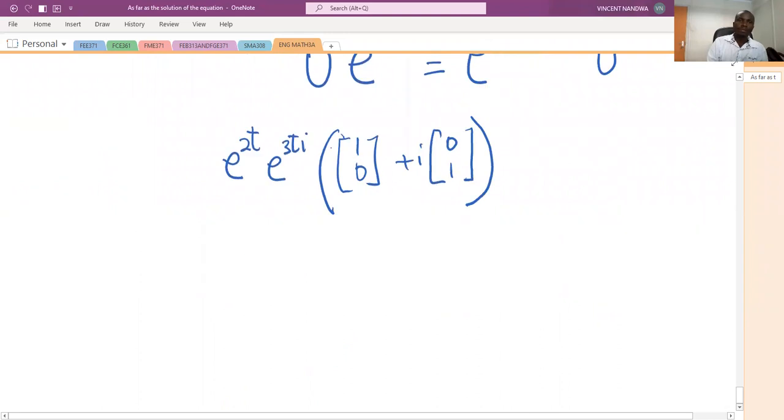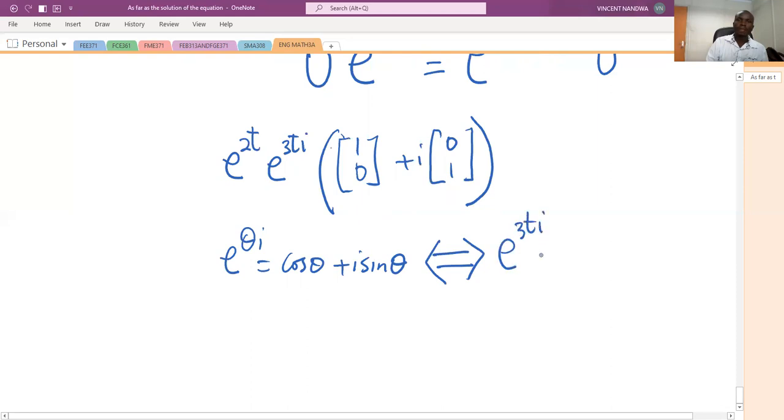From Euler's identity, e raised power theta i is given by cosine of theta plus i sin theta. So which means that e raised power 3ti is the same as cosine of 3t plus i sin of 3t.